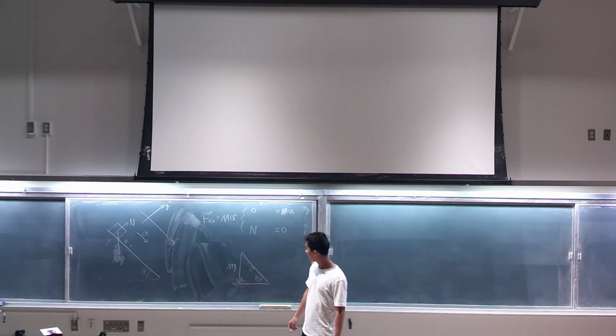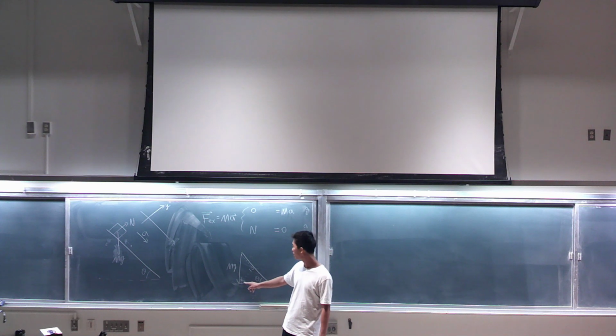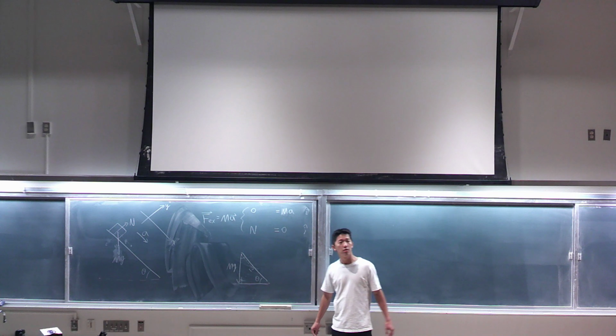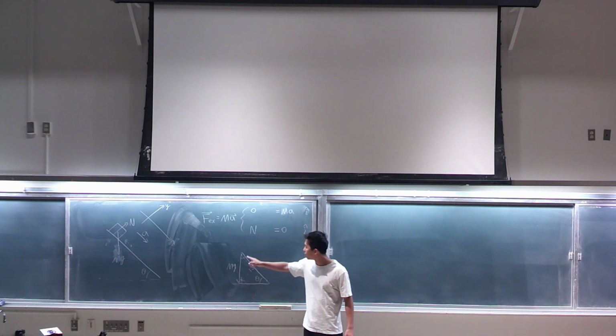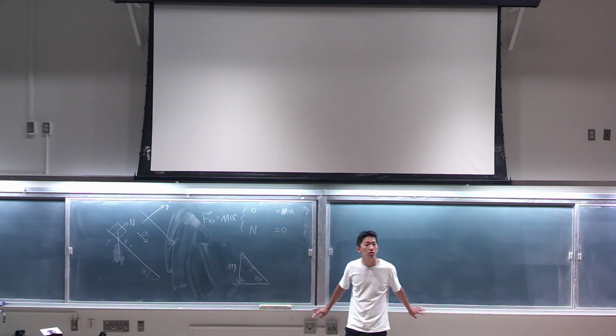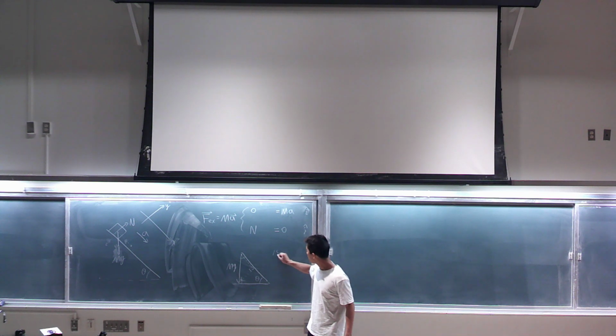Now, if this is theta and this is 90 degrees, how big is this angle? How big is the sum of these three angles for a triangle? 180. 180, good. So 180, there's a 90, there's a theta. You know that one should be 90 degrees minus theta. Okay?